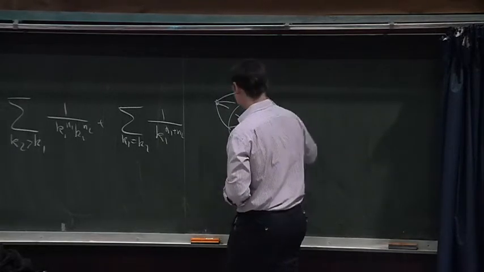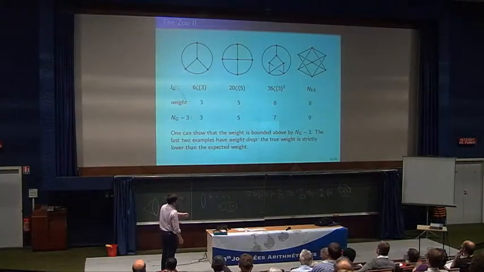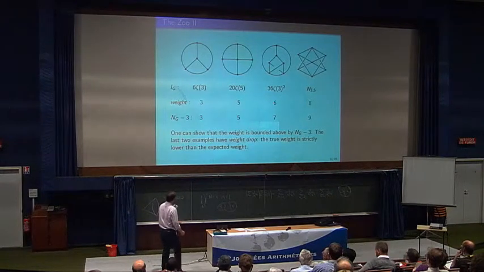I get a mess. But going back to the examples, you can check that the completion of this graph is the same as the one I've drawn here. And so that proves for you by these 2 relations that the amplitude here is the square of the amplitude here. And indeed, it's 36 zeta 3 squared.